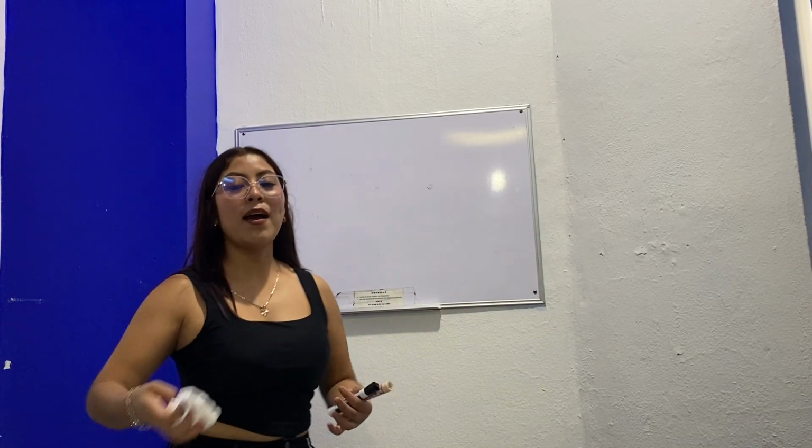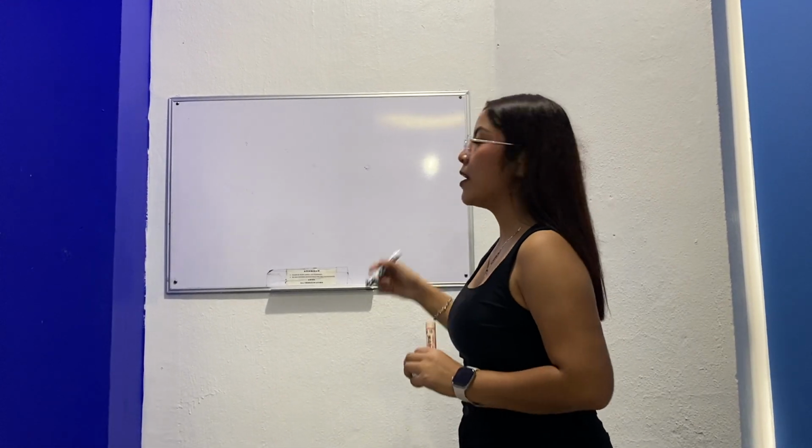And now, what happens with the verb to be? With the verb to be, we always use the past form were, and we never use was.